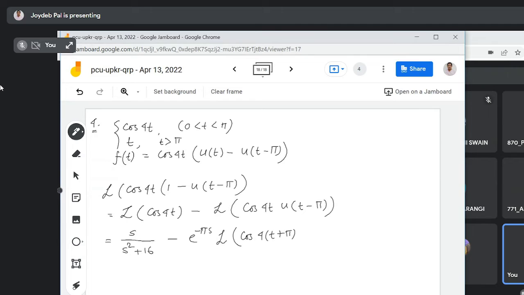Our f(t) is cos 4t, so we have to find f(t plus a), which by the modification rule is the Laplace transform of f(t plus a), right?